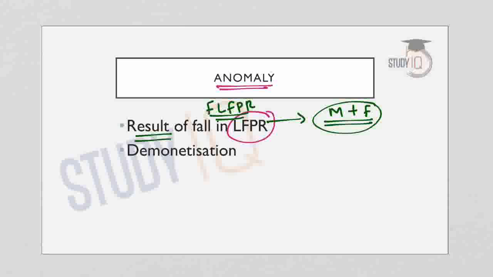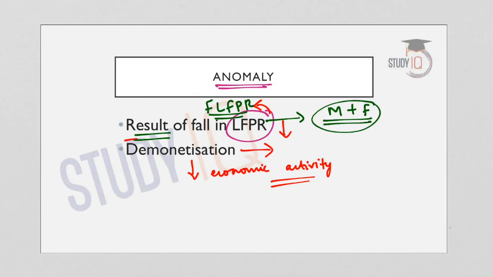So when there is a general decline in the labour force participation rate, this will impact the female labour participation rate as well. And this is said to be a result of demonetization, because after demonetization, economic activity across the country collapsed.